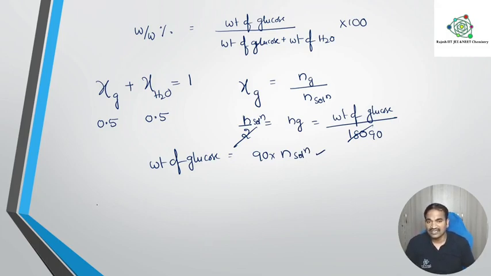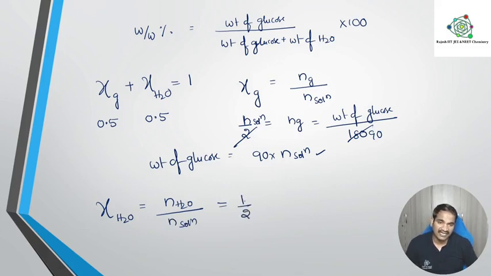Next, the mole fraction of water is also the same: the number of moles of water divided by the total number of moles of solution. 0.5 means 1 by 2 here also. So the weight of water divided by the gram molecular mass of water, which is 18, cancelling 2 times gives 9.